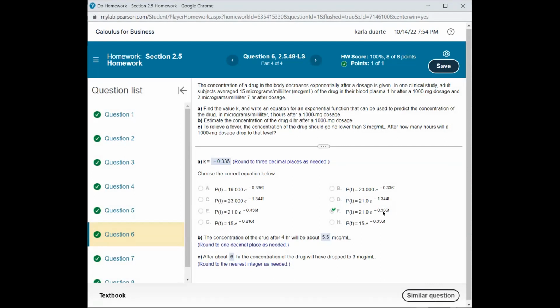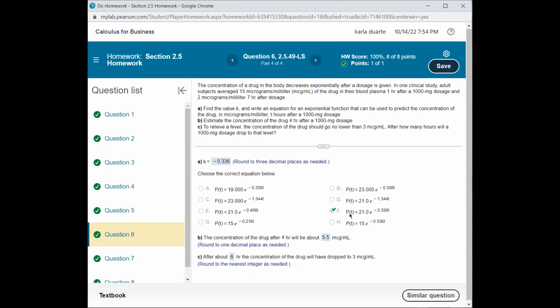Now, the only thing you have to do, part B is a straight substitution. So the concentration of the drug after 4 hours. So you're just going to put a 4 where the T is. But you're going to use this function that you defined in F. So you're going to plug in 4 where T is.